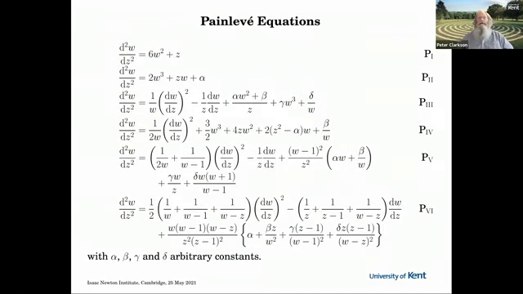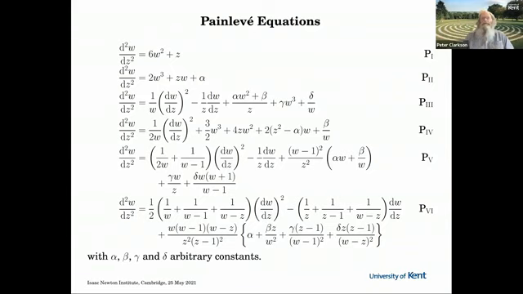So, as we know, the 6 Painleve equations are these 6 nonlinear ordinary differential equations whose solutions are free from movable critical points. And in the notation I'm using, alpha, beta, gamma, and delta are the arbitrary constants.